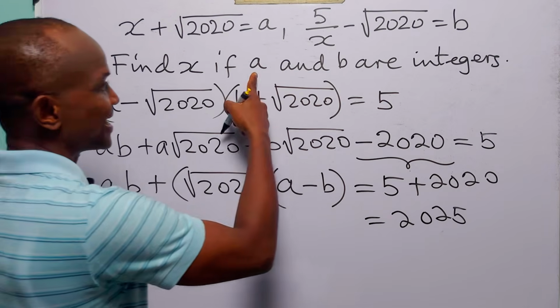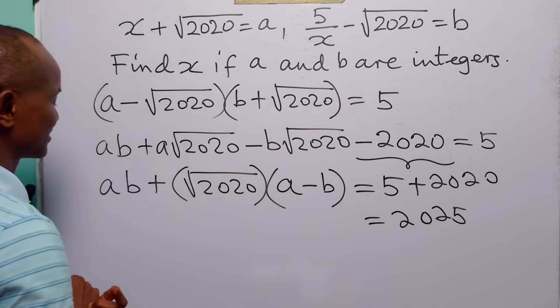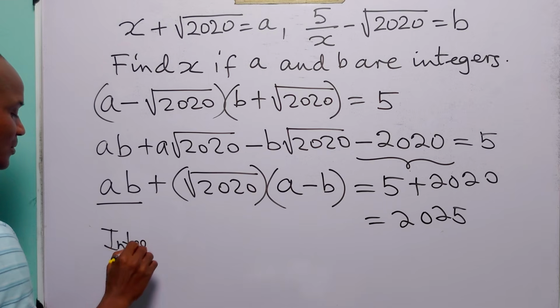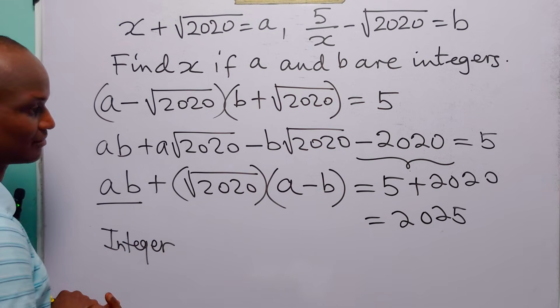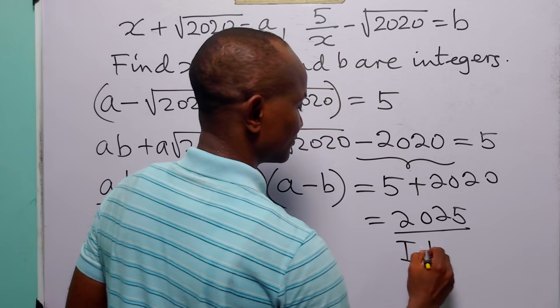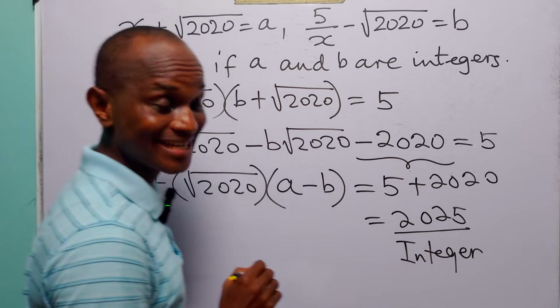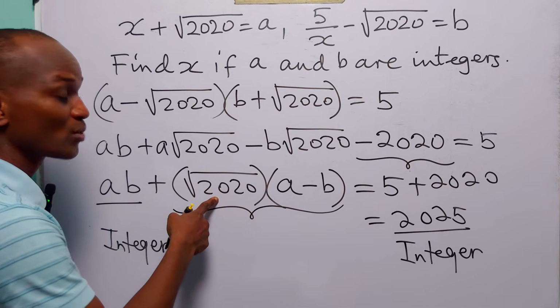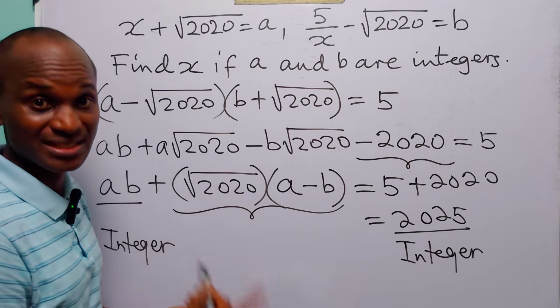Remember that both a and b are integers. So this is an integer. Of course, you know that 2025 is an integer. But let us look at this term. 2020 is not a perfect square.